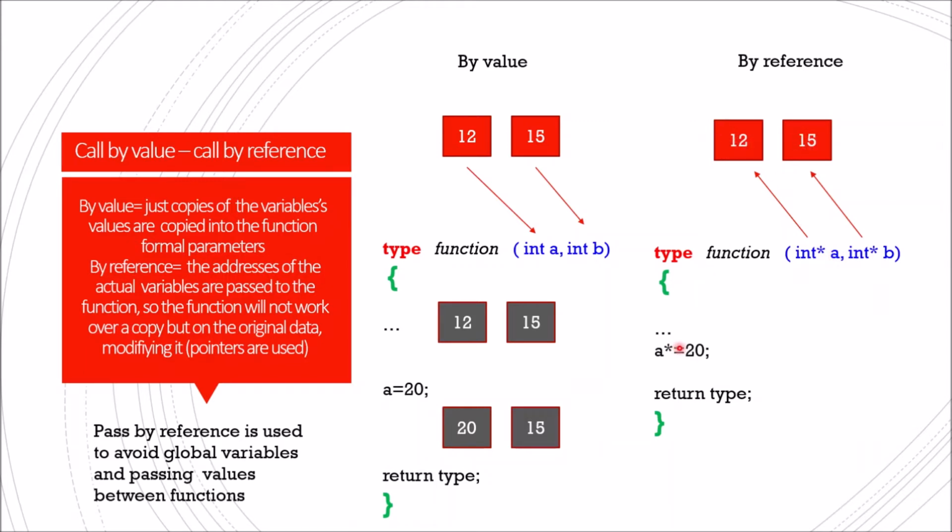So whenever I do this modification of the value of a to be 20, now I'm not going to store the value of 20 inside an inner variable, but I am going to store the value of 20 in the actual variable that I passed here.